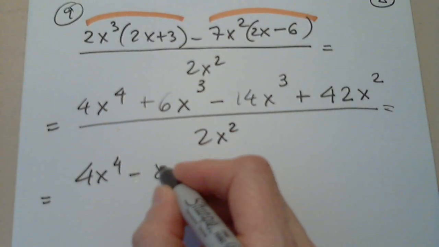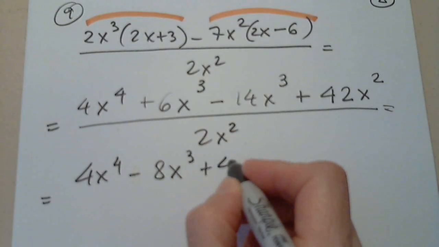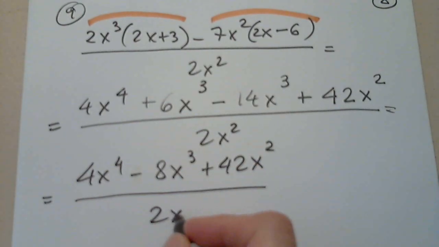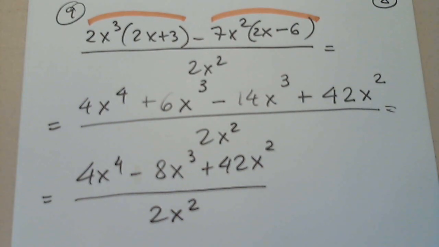Minus 8x cubed plus 42x squared. Is this clear? So far. Is this okay so far? Yes, no, maybe.